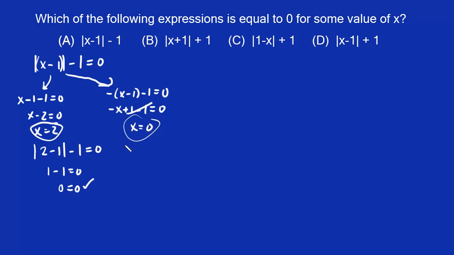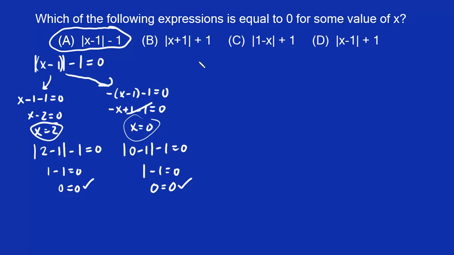We plug that into the original equation: the absolute value of 0 minus 1 equals 0. We have the absolute value of negative 1, which is just positive 1, minus 1 equals 0. So we also get 0, and 0 equals 0, check. Both of these solutions work, so chances are the answer is going to be answer A, which it is.